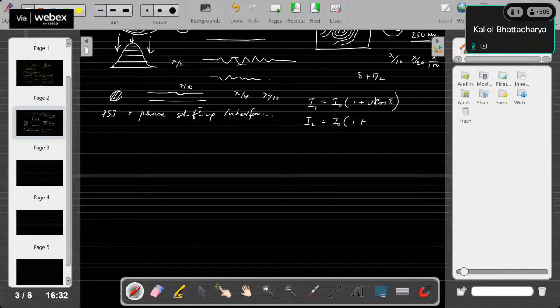I2 would be I0 into 1 plus V cos of delta plus pi by 2, which would be I0 into 1 minus V sine delta.